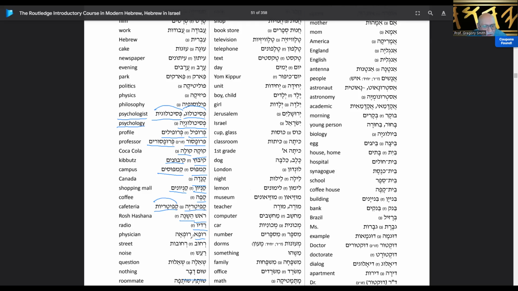Look at that. Rofa'ah is like a female doctor. Here's a male doctor here. Rechov is street. Rechovot is streets, multiple streets. Ra'ash is noise. Let's see. She'ela is question or she'elot, questions.